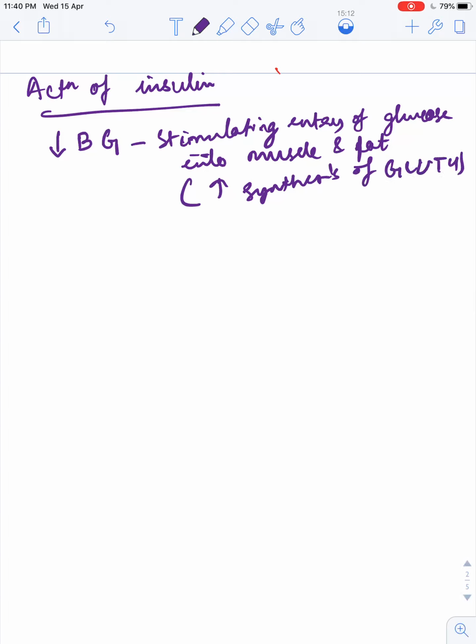It inhibits glycogenolysis and it also inhibits gluconeogenesis.